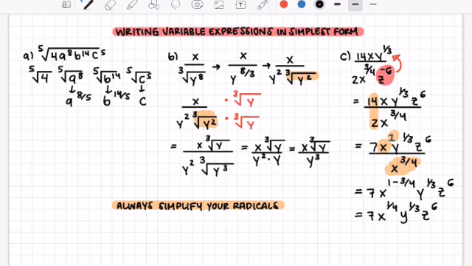The reason why I like to do that is because I can use division to help me identify what's going to go on the inside of my radical and what's going to go on the outside. So I have my radical sign here, I'll put my 5 here.